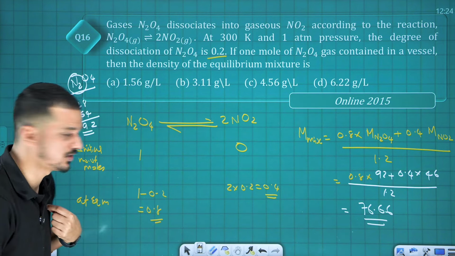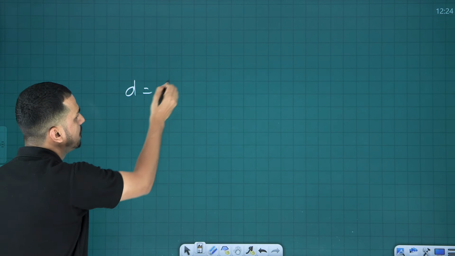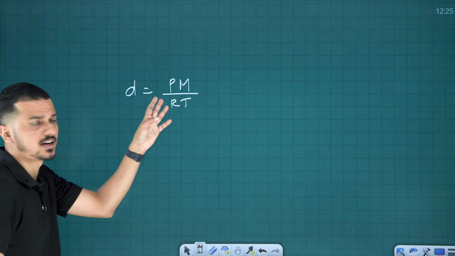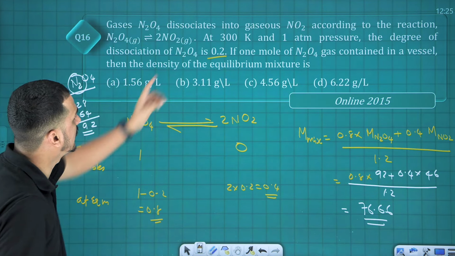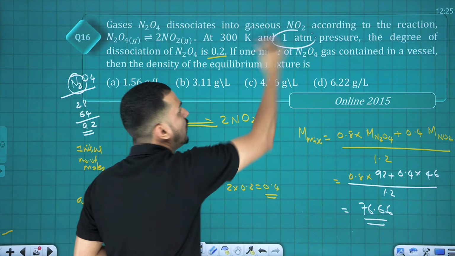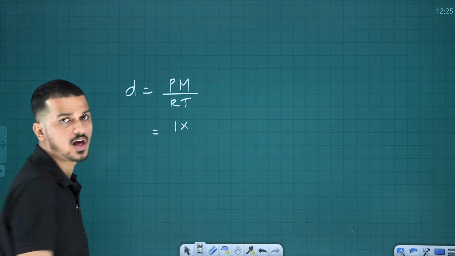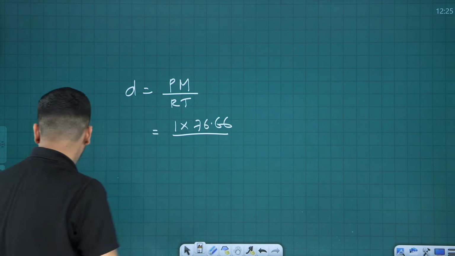Then how will you find the density? You have the formula: density is equal to Pm by RT, derived from the ideal gas equation. What's the pressure here? Pressure given in the question is 1 atm. Molar mass we found is 76.66. What's the R value?